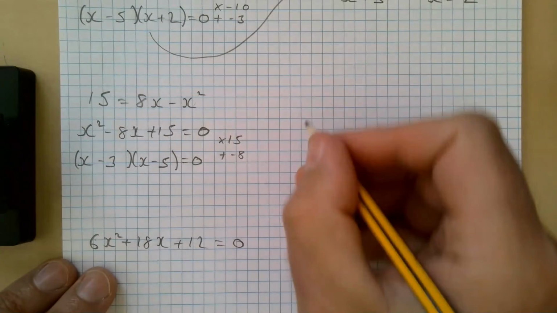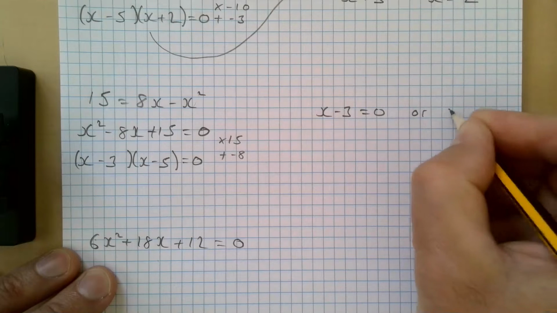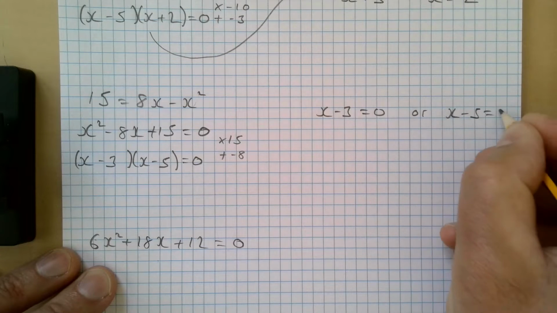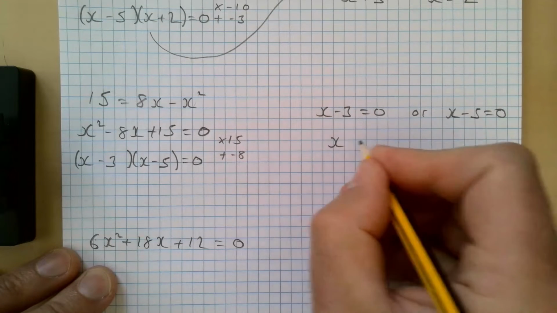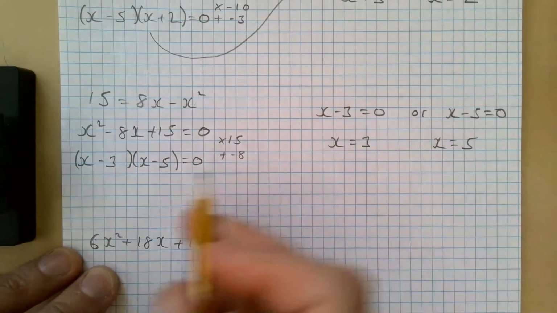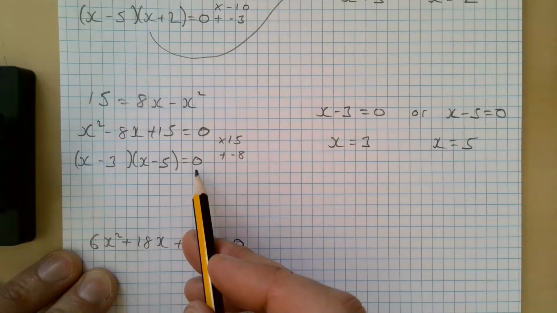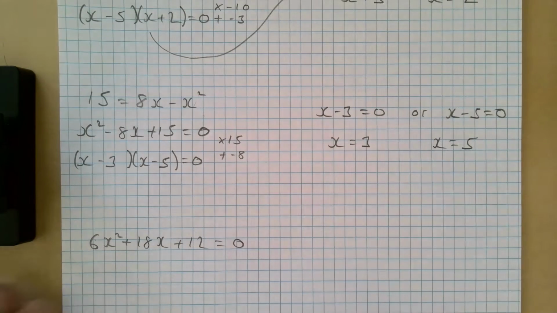Same as above now, so that means either x minus 3 equals 0 or x minus 5 equals 0. That means x is 3 or x is 5. And we found the only two numbers in the whole wide world that will make this or this or this equation work. It's 3 and 5.